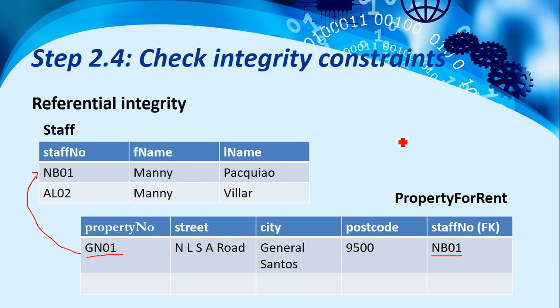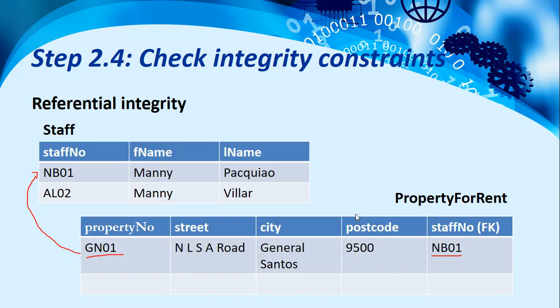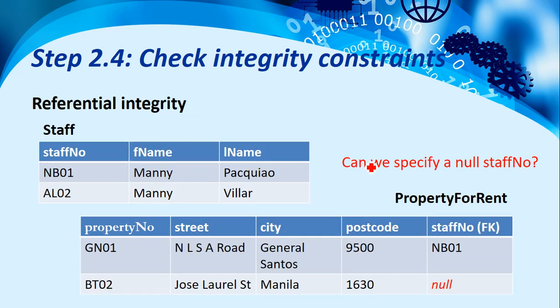Now, ito yung question sa first issue natin: whether nulls are allowed for the foreign key. Allowed ba or hindi? So here's the question: can we specify a null staff number? For example, can we store the details of a property for rent without having a member of staff specified to it?